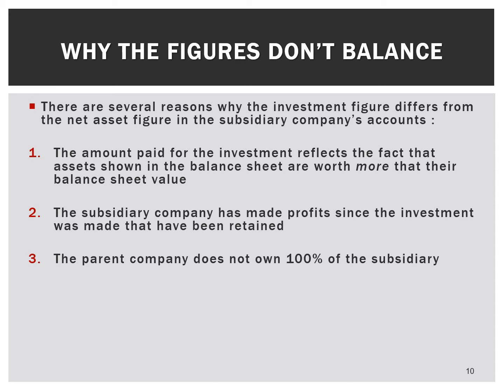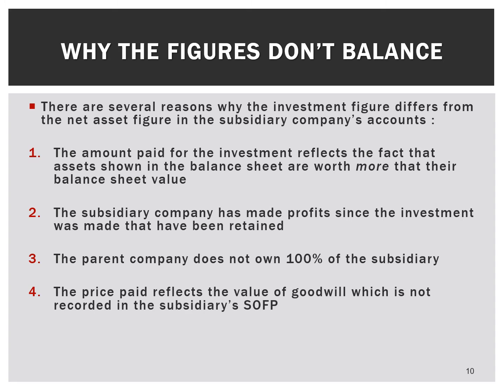It could be because the parent company doesn't own all the shares in the subsidiary, less than 100%, and it could also be because the price that the parent company paid to acquire the shares reflects a payment for goodwill, which, if you remember your accounting standards, cannot be shown as an asset in the subsidiary company's own statement of financial position.